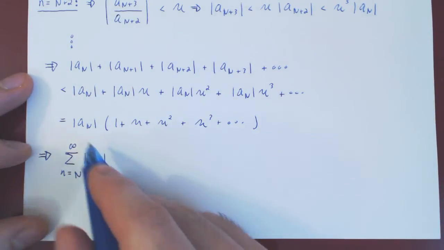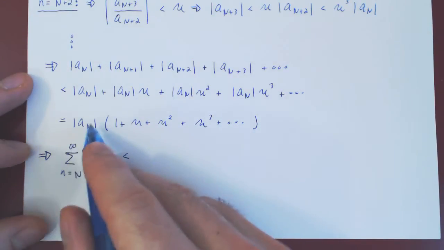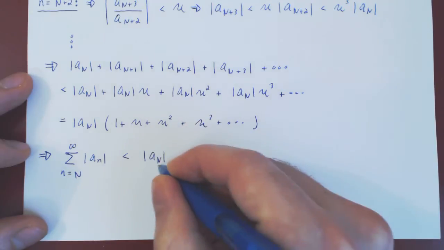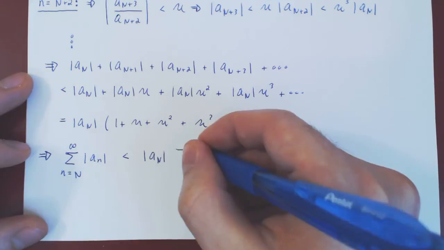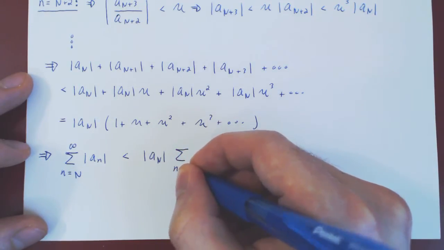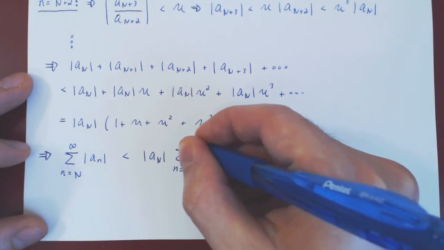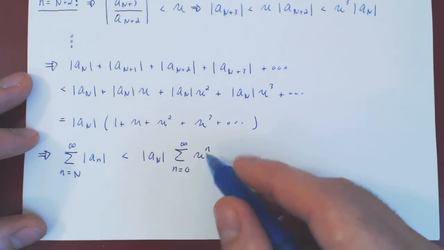So this series is less than |a_N|, uppercase N, times the series of u to the n when n begins at 0, u to the 0 is 1, up to infinity.